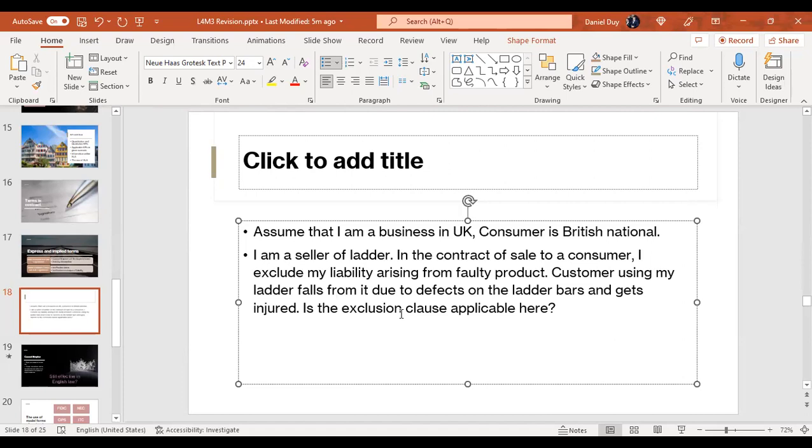It would be ineffective, and the seller is still liable for paying damages to the customer. I hope that my explanation is clear.